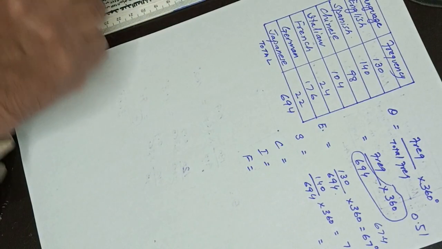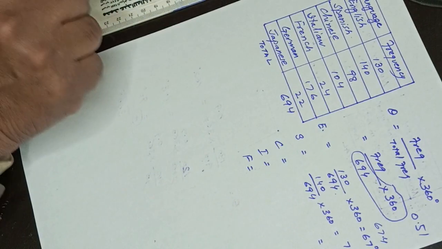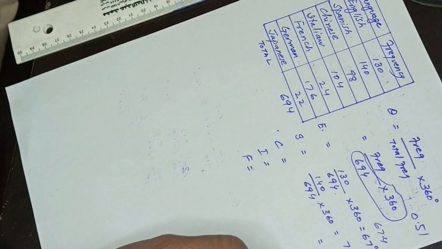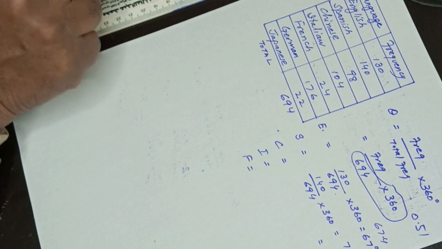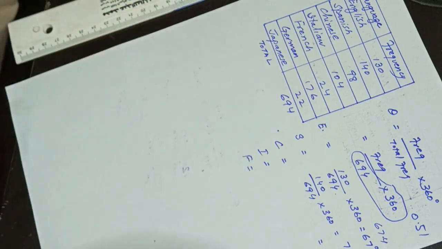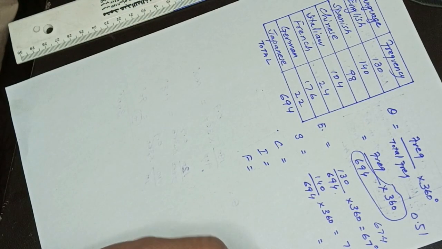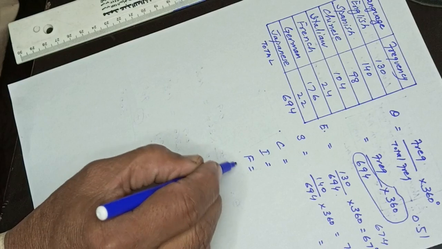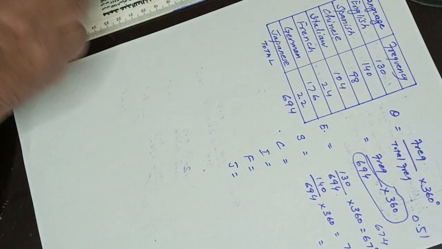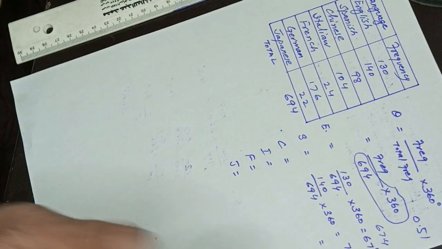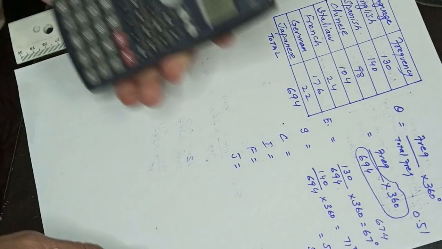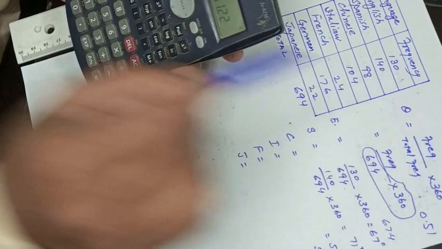French 24 multiplied by 0.51 would become 12 degrees. Then 176 multiplied by 0.51 will become 90 degrees. And the last is Japanese: 22 multiplied by 0.51 will become 11 degrees. If you calculate this, it should become 360 degrees with the possible error of 1 degree.